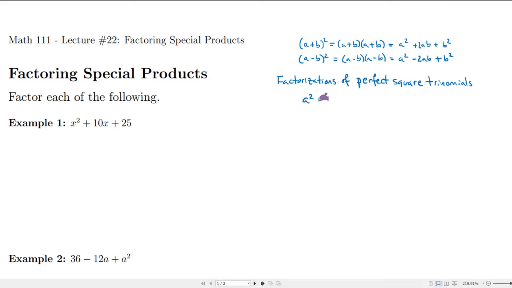So if I were given the expression a squared plus 2ab plus b squared, and we could recognize that that's a perfect square trinomial, then we would just factor this as a plus b quantity squared. And similarly, a squared minus 2ab plus b squared, we can recognize that as a perfect square trinomial and factor that as a minus b squared. So these are perfect square trinomials.